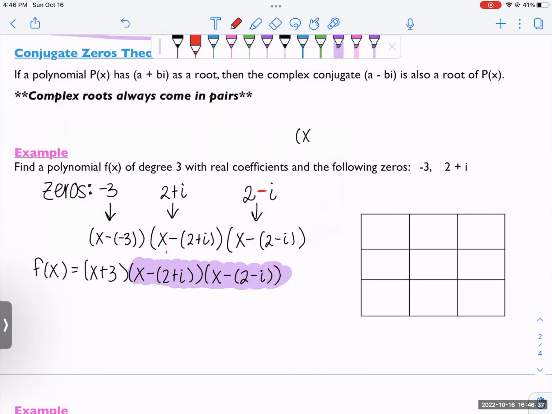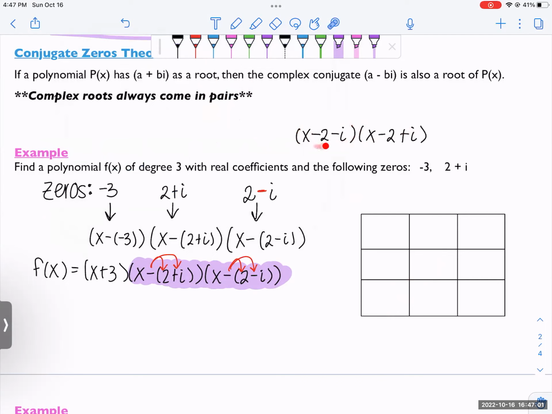If I'm multiplying it all the way out, let's do it the full way. So distribute that negative. x minus 2 minus i multiplied by x minus 2 plus i. We are multiplying this out using the box method. If you want to hear more about that, look at the complex number review video.